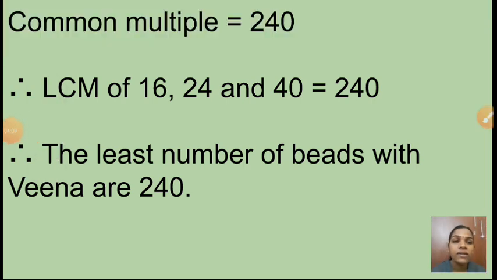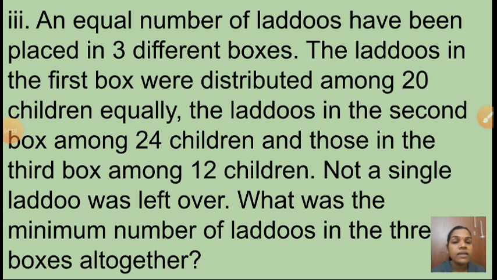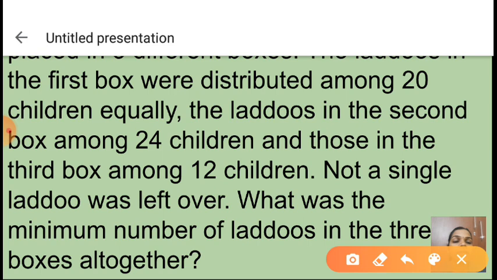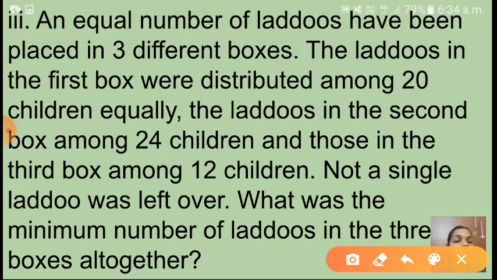So children, next one is 2.3. See here, children, an equal number of laddus have been placed in 3 different boxes. The laddus in the first box were distributed among 20 children equally.